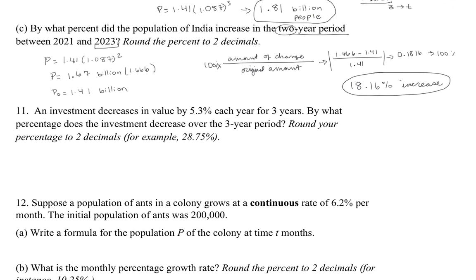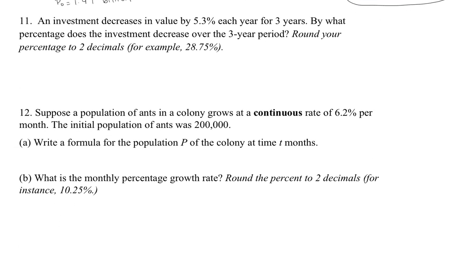Awesome. Okay. Number 11 states, an investment decreases in value by 5.3% in each year for 3 years. So 5.3% each year for 3 years. By what percentage does the investment decrease over the 3-year period?